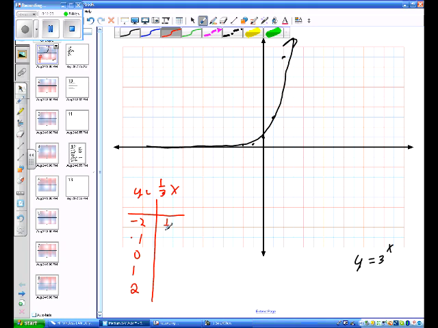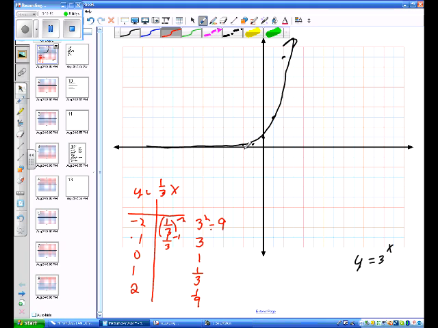Okay, if we have 1/3 raised to the -2, well, we want the reciprocal of our base. The reciprocal of 1/3 is 3, so this is 3 squared, or 9. If we had 1/3 raised to the -1, we want the reciprocal, so that would be 3. 1/3 raised to the 0 is 1. 1/3 to the first is 1/3, and 1/3 squared is 1/9.